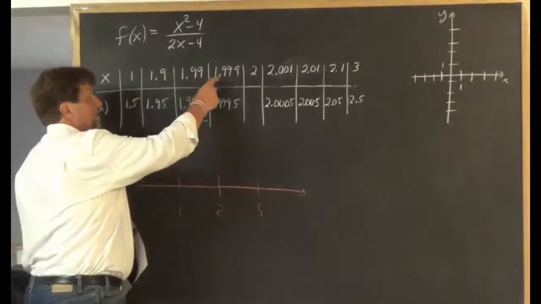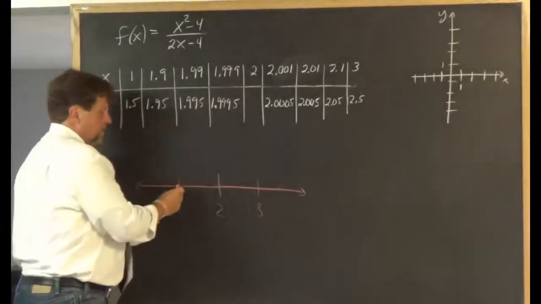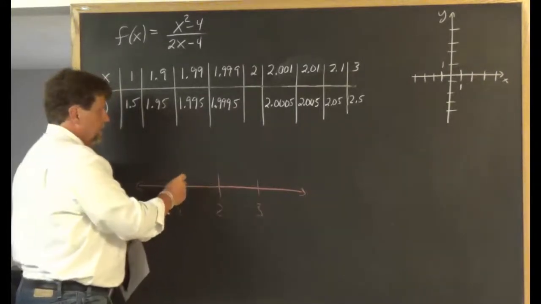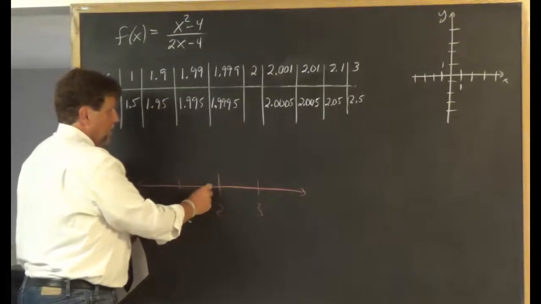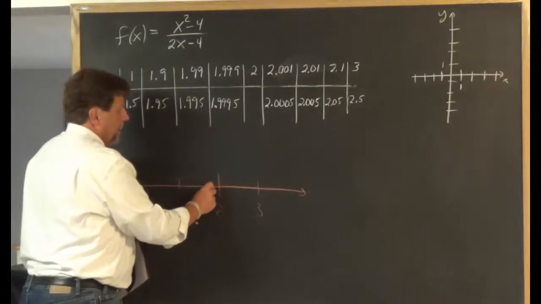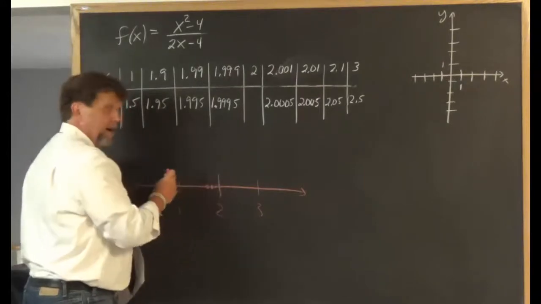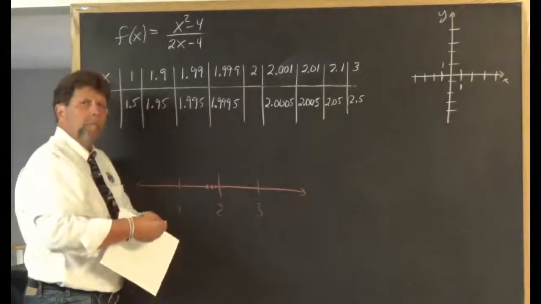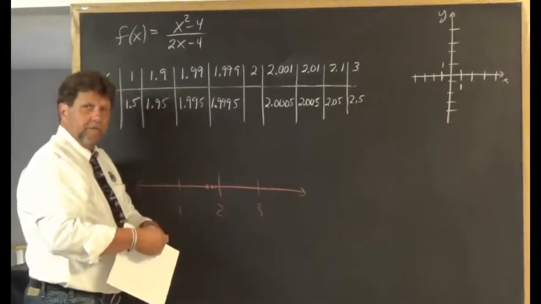These values of x are starting over here to the left side of 2. So what I'm really doing is picking 1.9, 1.99, 1.999. Those values of x are getting closer to 2 from the left side of 2.